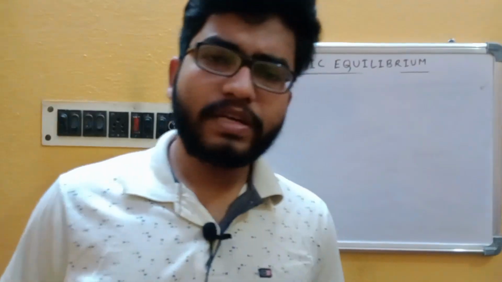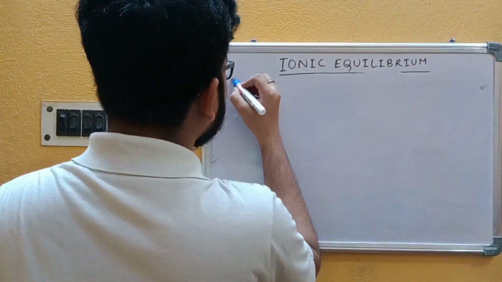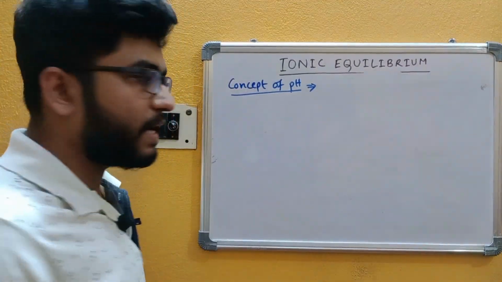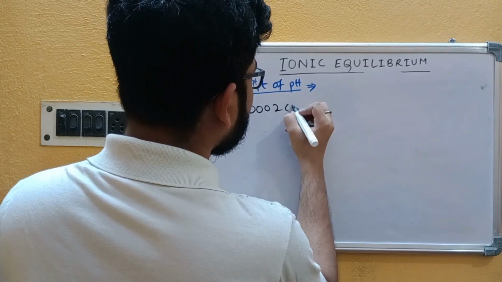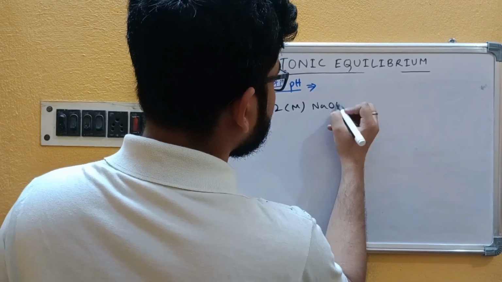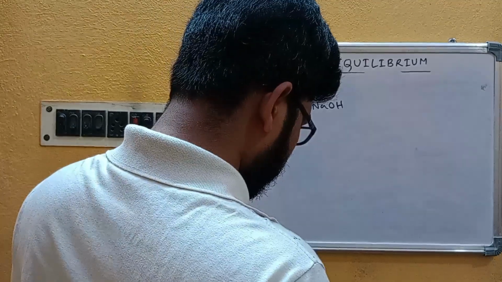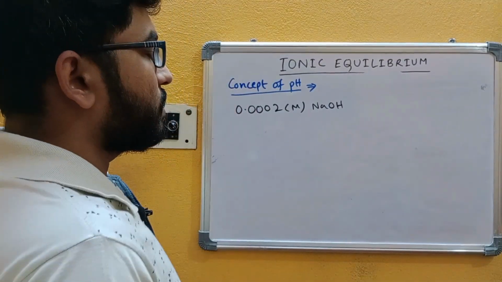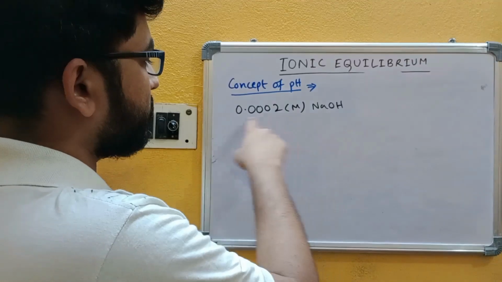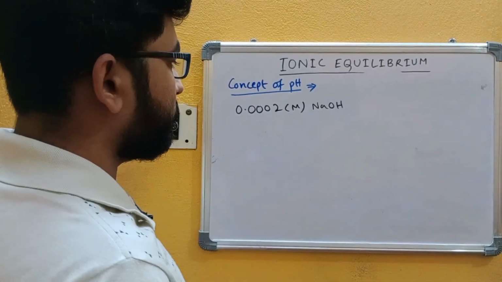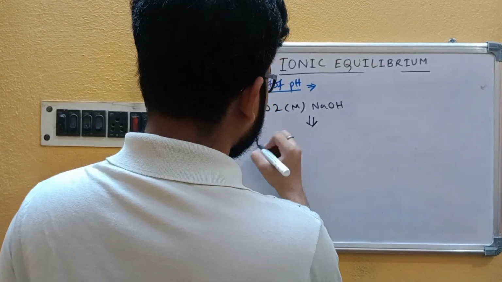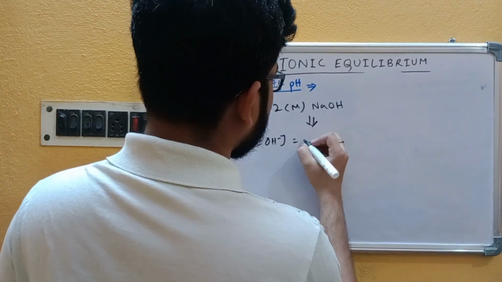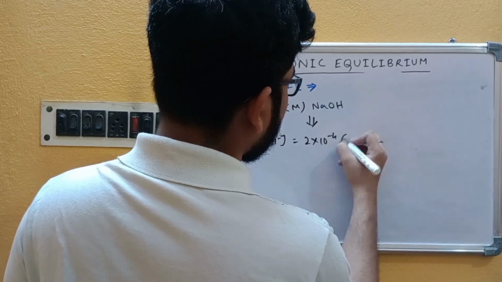Now we will discuss the concept of pH. If you are supplied 0.0002 molar NaOH and you are asked what is the concentration of OH minus in this solution, then you will say the concentration of OH minus will be 2 into 10 to the power minus 4 molar.